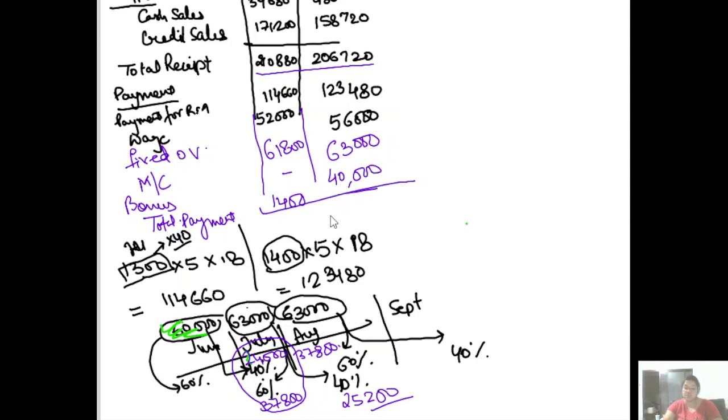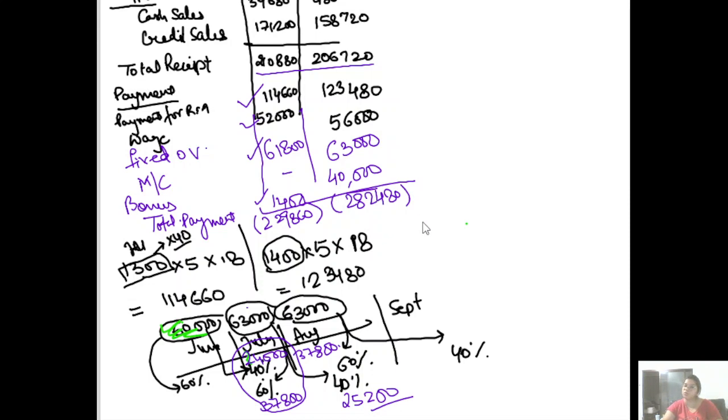So for the total payment, you have to add 1,146,600, then 52,000, then 61,800, then 1,400. So your total payment is 229,860. And here the total receipt is 282,480. So you have total receipt and total payment.